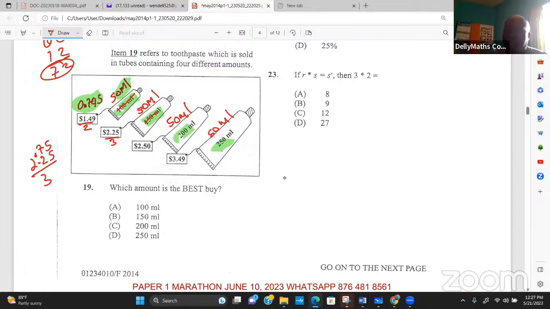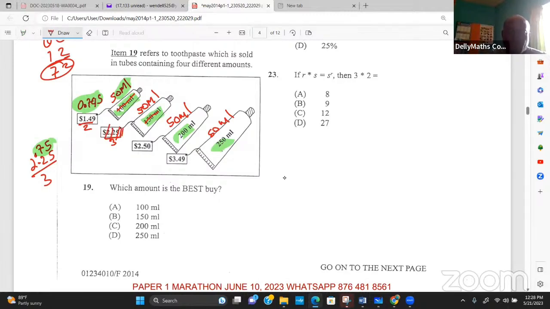So already I'm seeing where this one is more expensive, because 75 cents is giving me 50, and this one is basically 74 cents giving me 50. So that means the 74 is better. Already, you're seeing one of them is off. This can't be the answer at all because it's already more expensive than the other one.